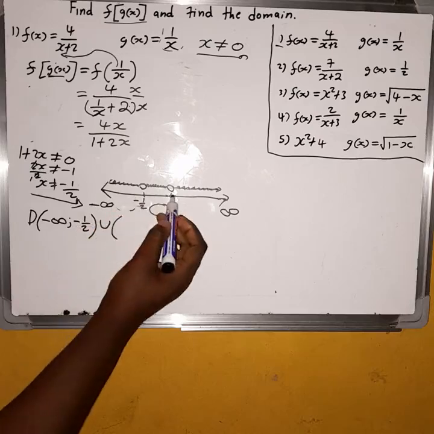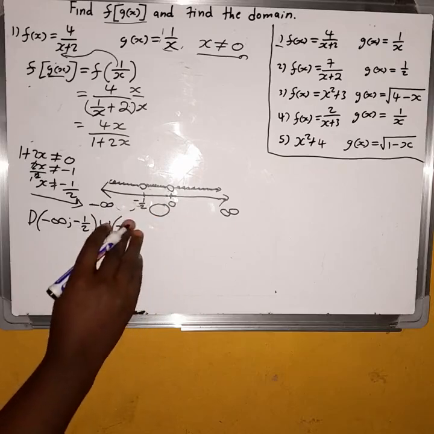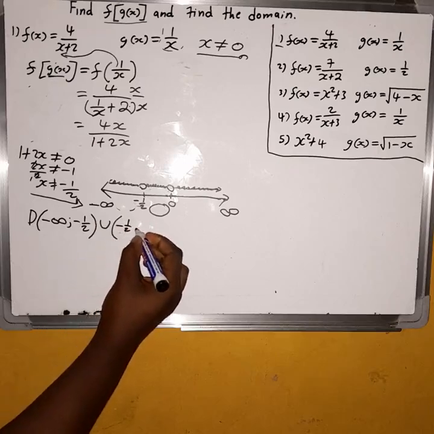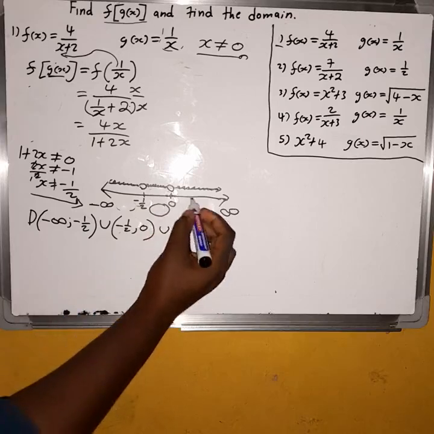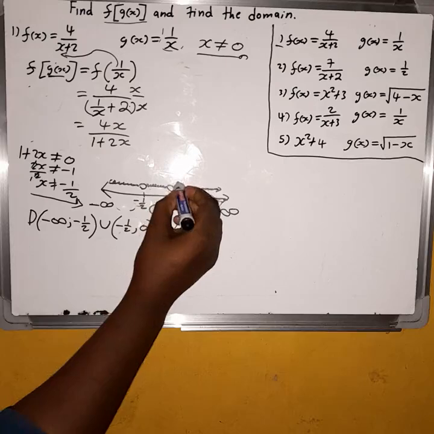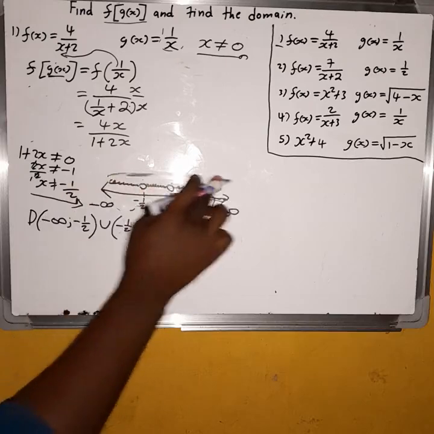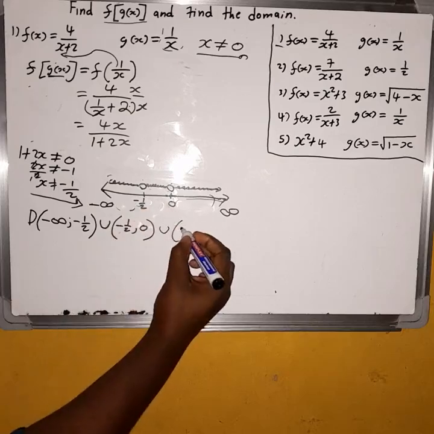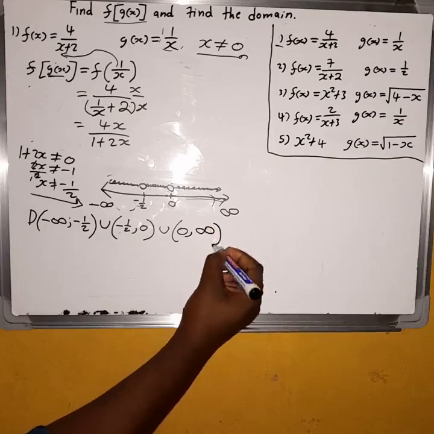from -1/2 into 0, with 0 not included. Also we take from 0 until positive infinity.